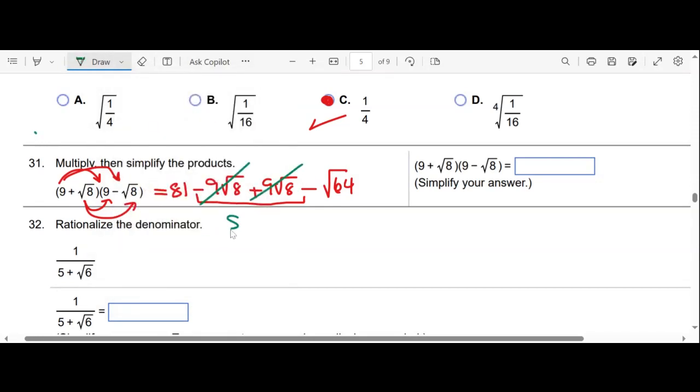Cancel. So you're going to get what? 81. What's the square root of 64? 8. Very good. Take away 8 from 81. 73. So your final answer is what? 73. Very good. You're so smart.